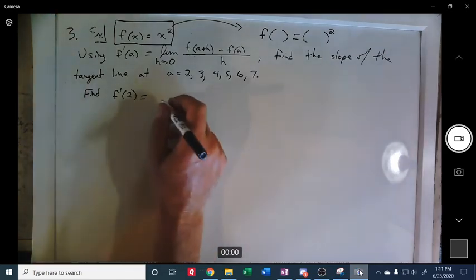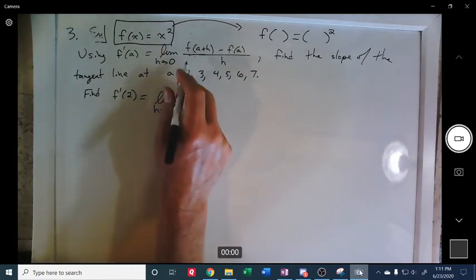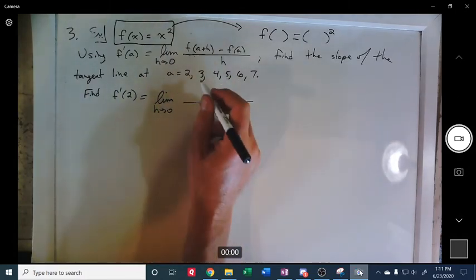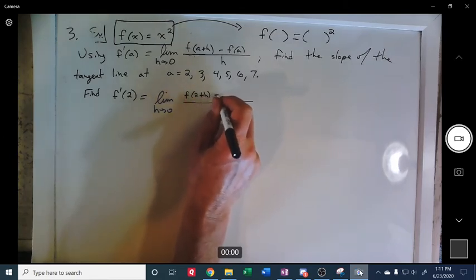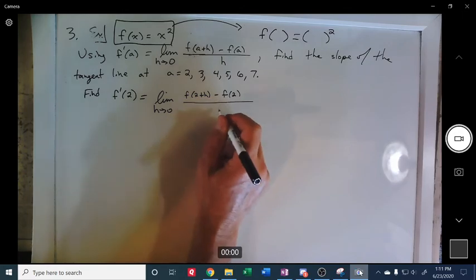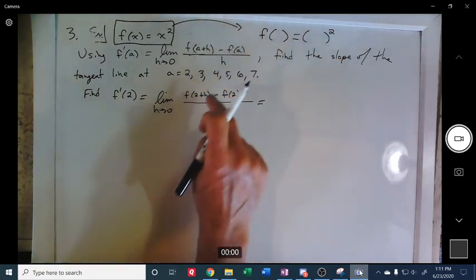Okay, I'm going to start working. I write this exact same expression. Every time I see the a, I just put 2. I use this rule.